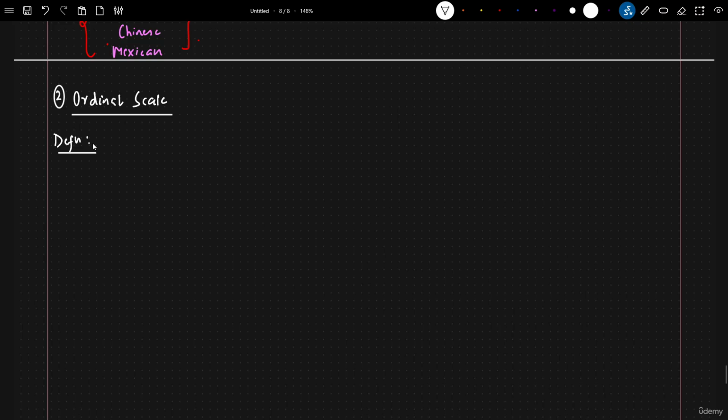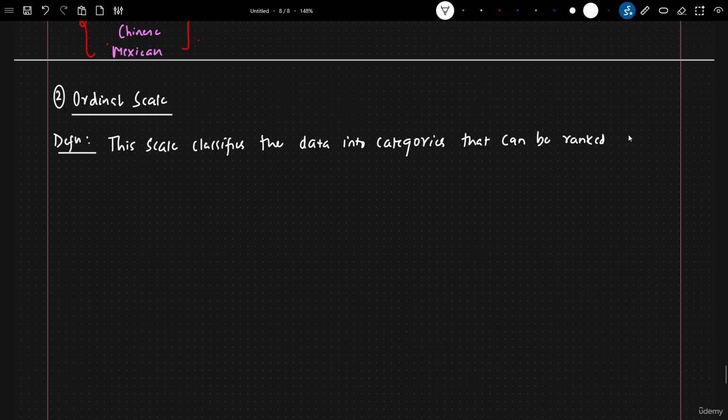Ordinal scale: this scale classifies the data into categories that can be ranked or ordered. So here ranking can be specified for this kind of categories.